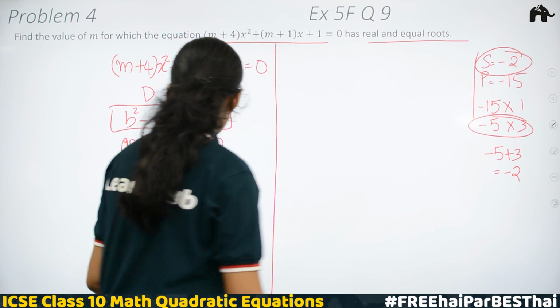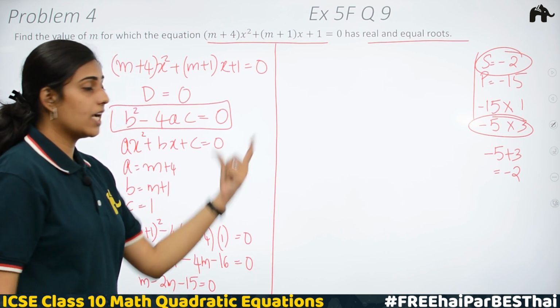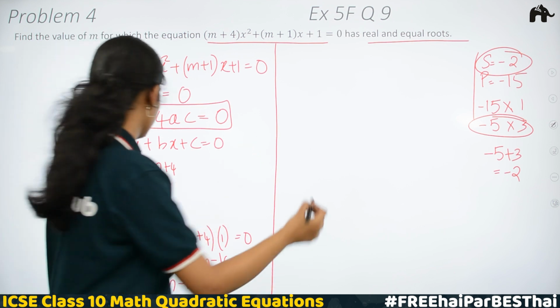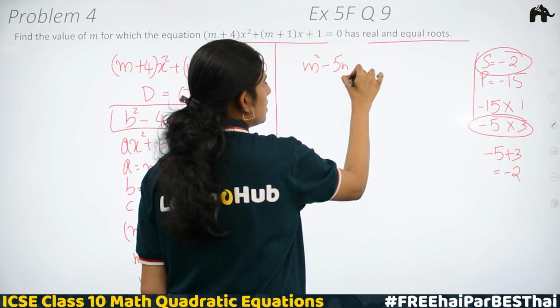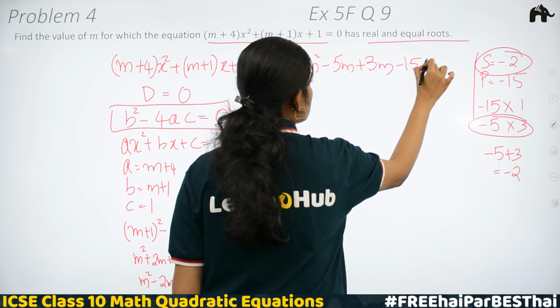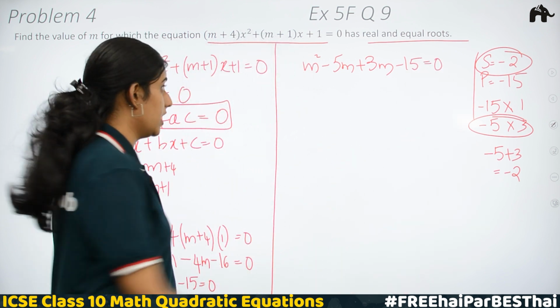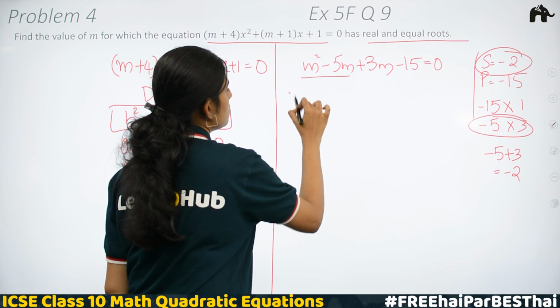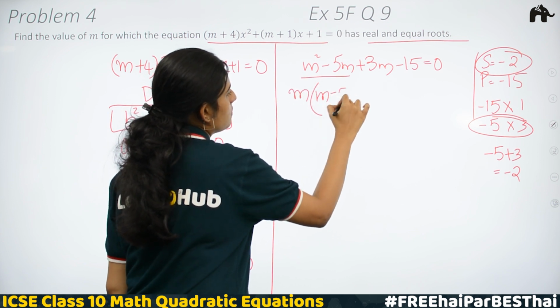We can split the middle term. Here we have −2m, which becomes −5m + 3m. m² − 5m + 3m − 15 = 0. Next step, taking common. From this we can choose m, remaining we have m − 5.